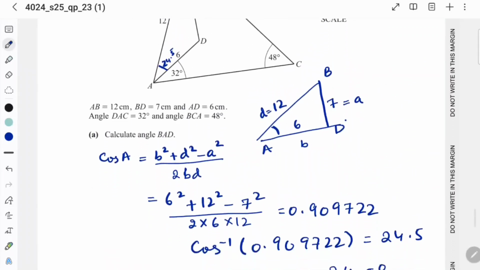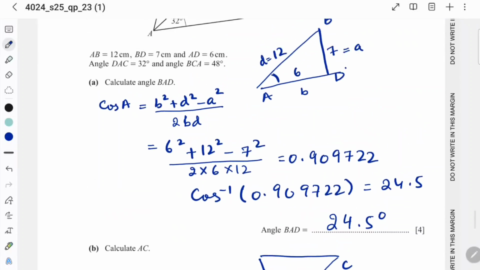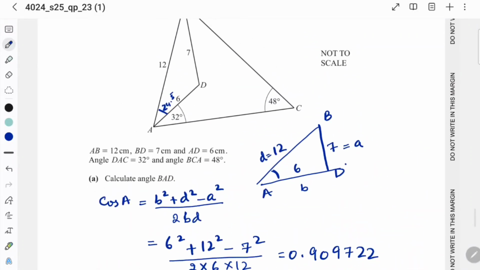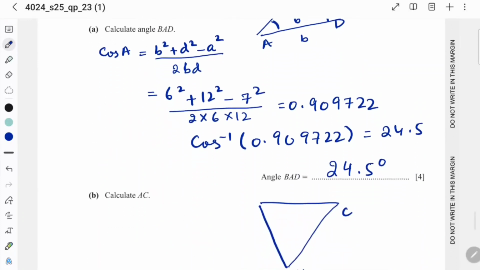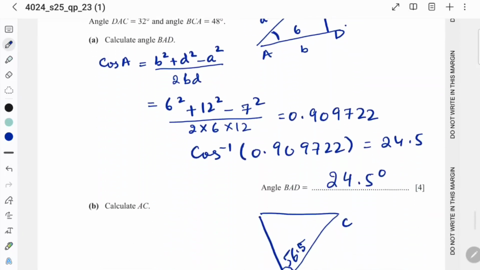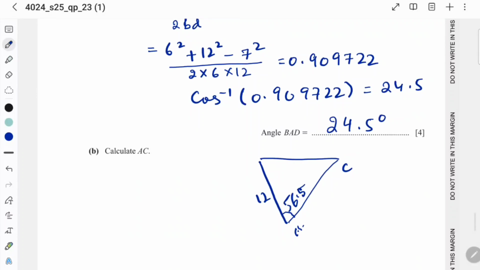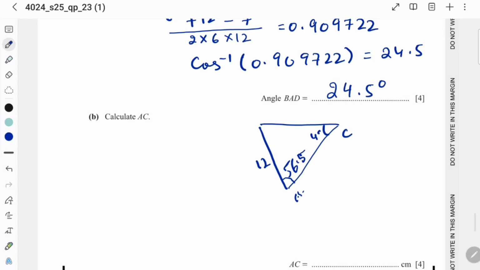AC is required, where 32 and 24.5 is 56.5, which is your angle A, and 12 is AB. One more angle is given, C is 48. So two angles and one side are given, and AC is required.